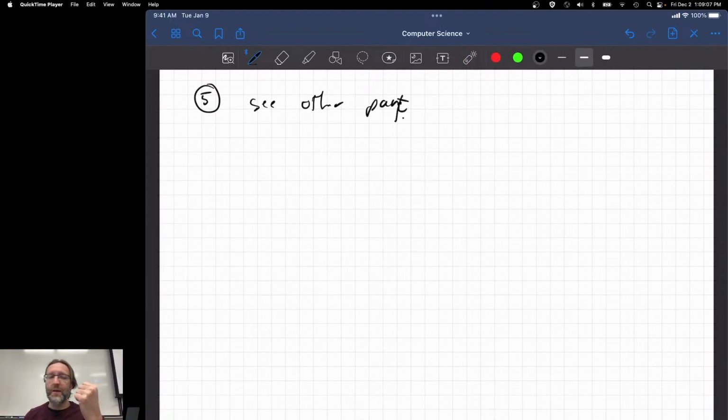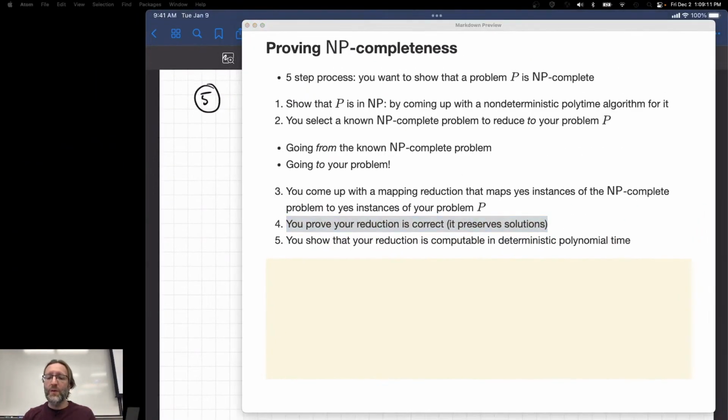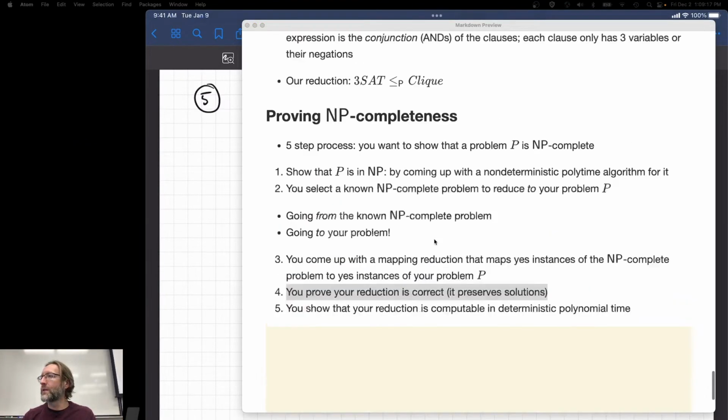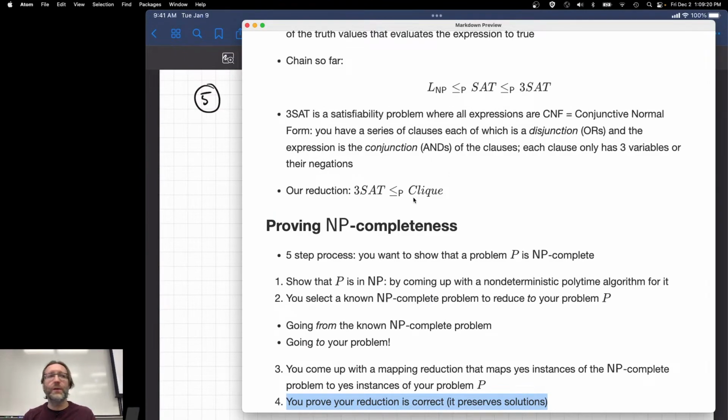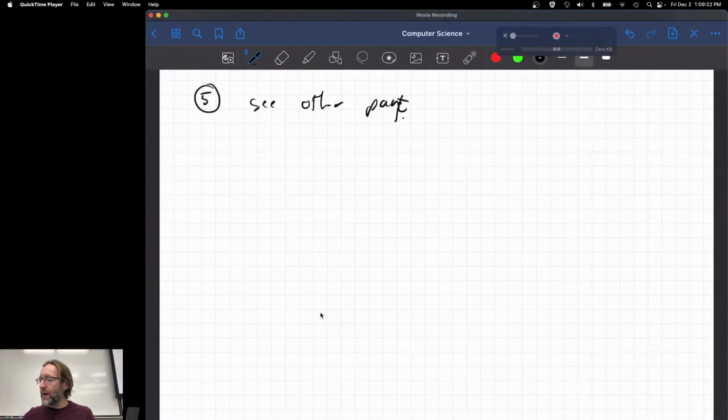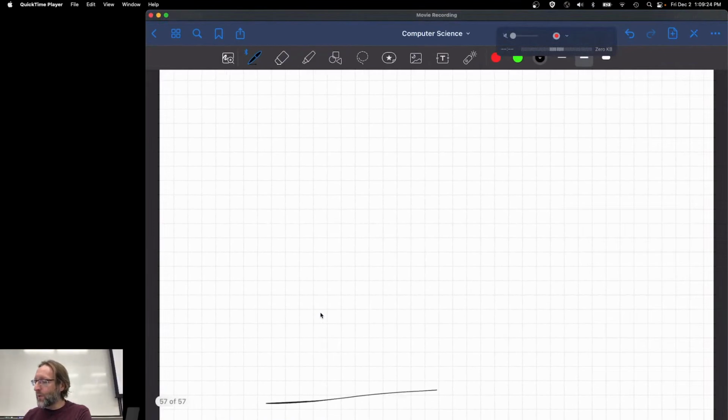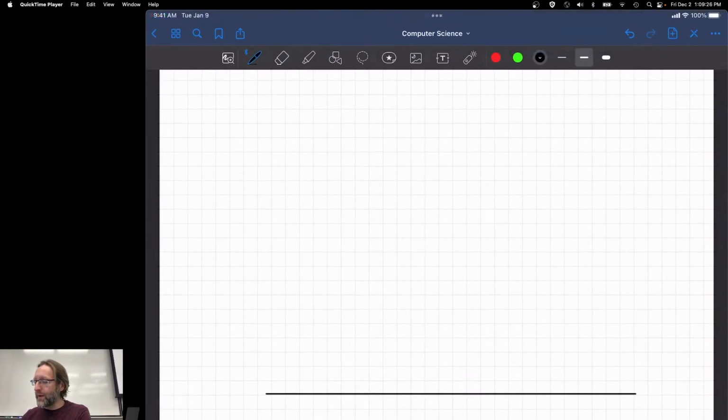Right. Then, I mean, the construction is straightforward. Right? So what we've shown today is that reduction. 3 SAT reduces to clique. Oops, sorry, up here. 3 SAT reduces to clique. So let's take a look at our landscape so far as the last item for the day.